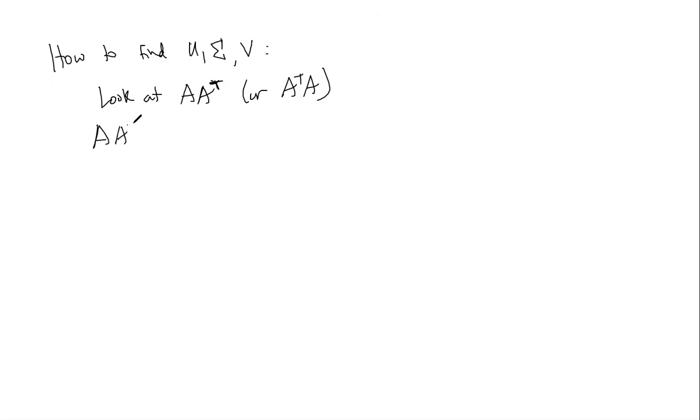So A A transpose should be something like U sigma V transpose times V sigma U transpose, so that will give you U. Okay, let's look at A A transpose.